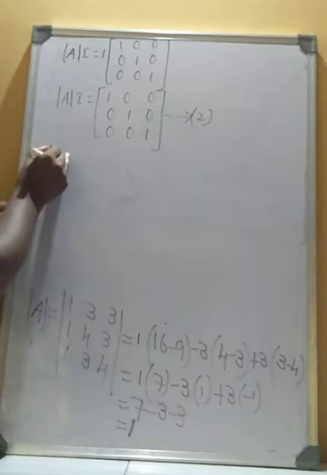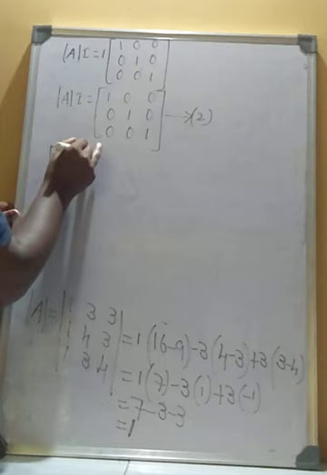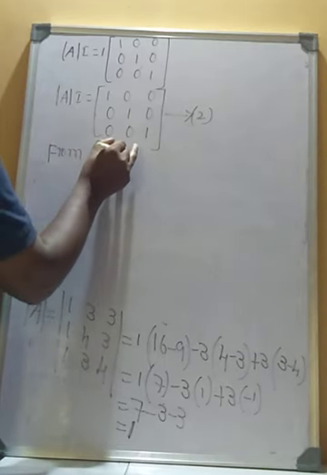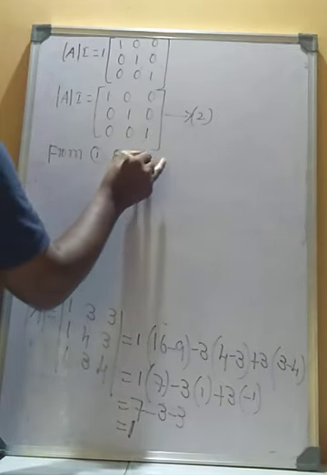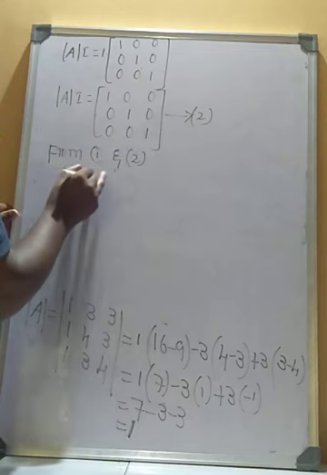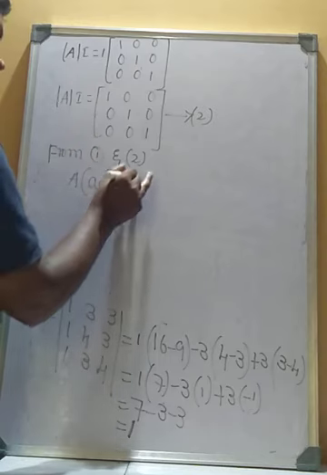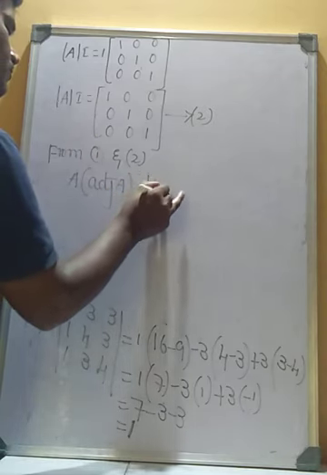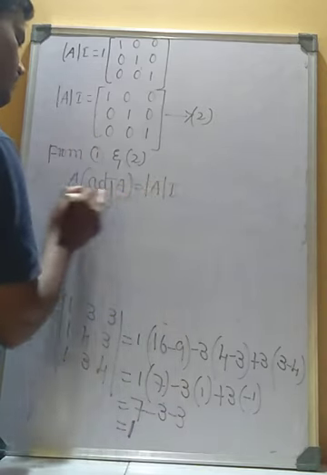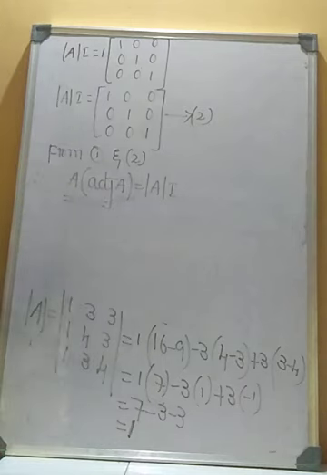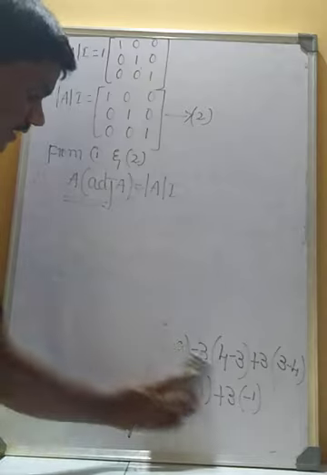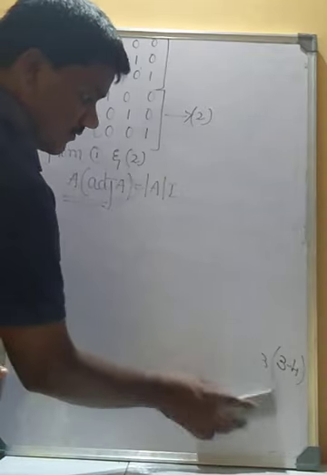From equation 1 and 2, A into adjoint A equals determinant of A into I, hence verified. And also find A inverse.